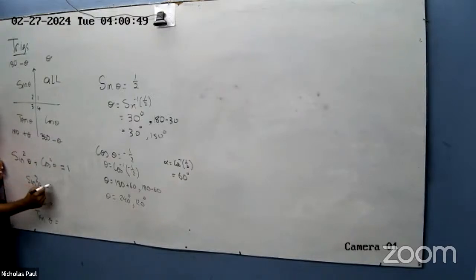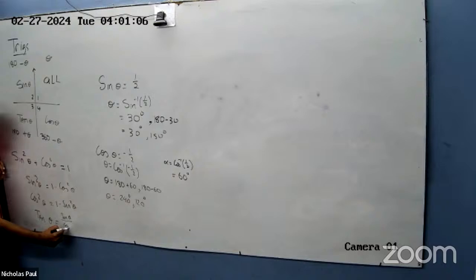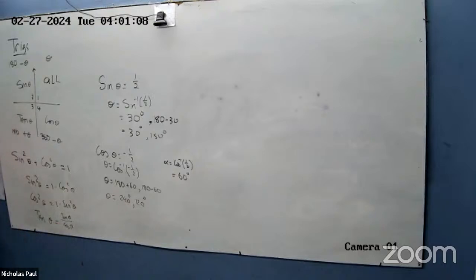Sine squared is what? 1 minus cos squared. Just make it the subject. And cos squared is what? 1 minus sine squared. Tan theta is what? Sine theta over cos theta. That's okay? Now we're going to try to solve questions like this now.